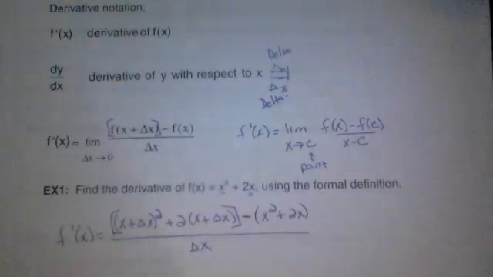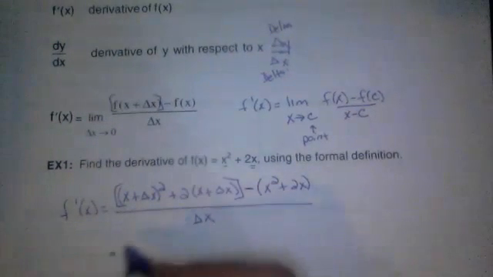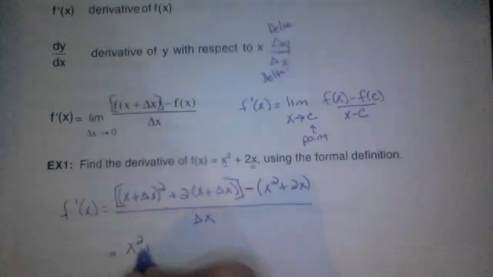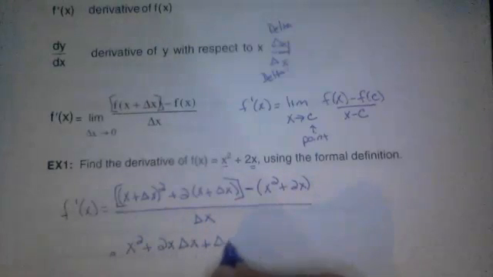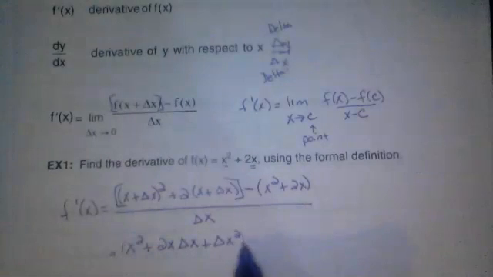All right, so now we need to simplify that. So x plus delta x squared, we need to square that. We're going to get x squared plus 2x delta x plus delta x squared. So this squared gives us this right here.